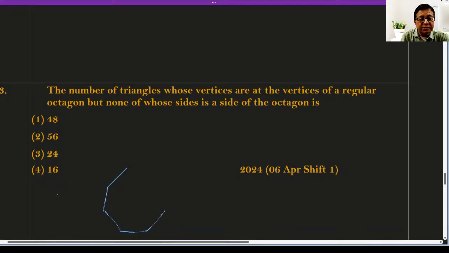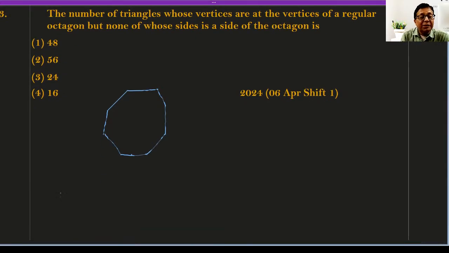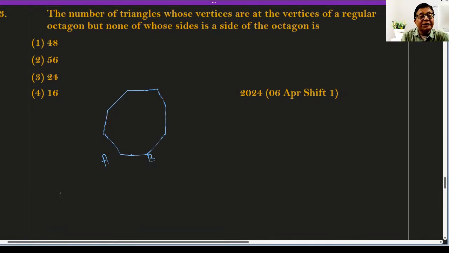Is there any chance for me to get a regular octagon? No. 1, 2, 3, 4, 5, 6. Assume that it is regular, there is no harm in it. But you will get the actual result only if it is regular, then only the calculation you are going to do.